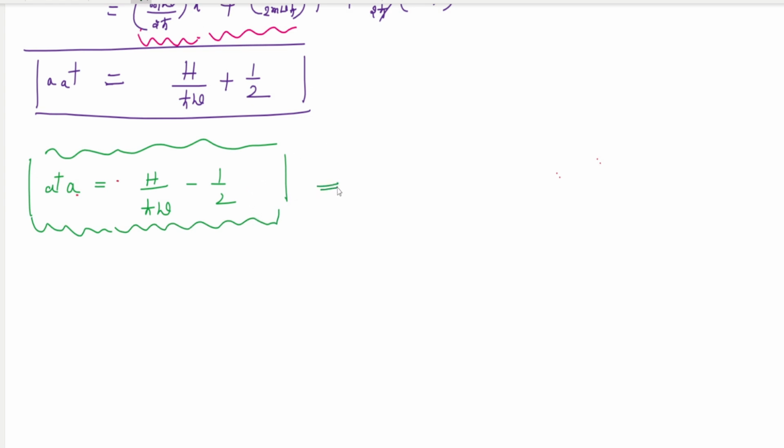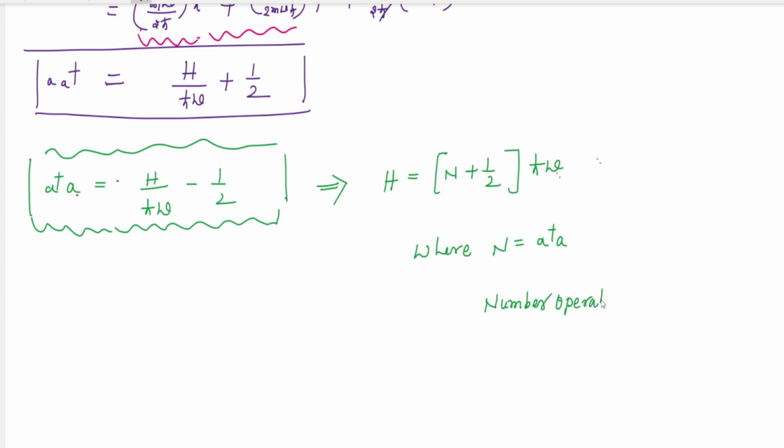So by using this equation, I'm going to tell one equation. H equal to (n plus 1 divided by 2) into h cross omega, where n equal to A dagger A. So this we can call the number operator or occupation operator.